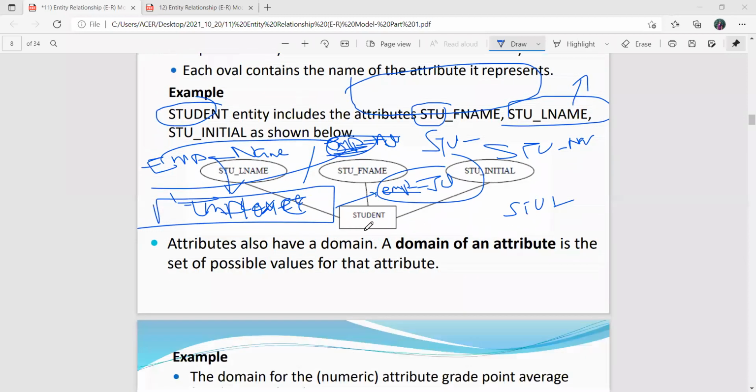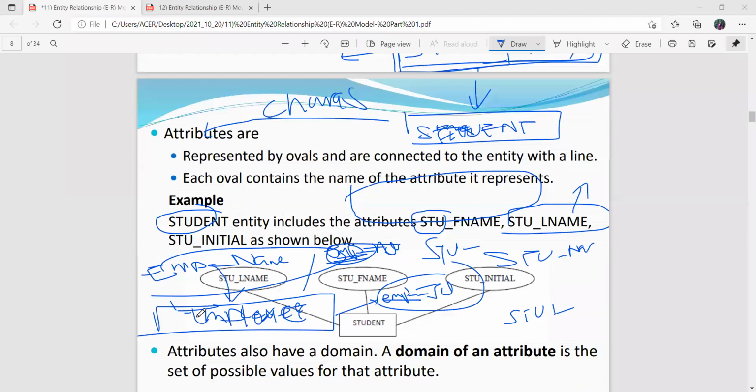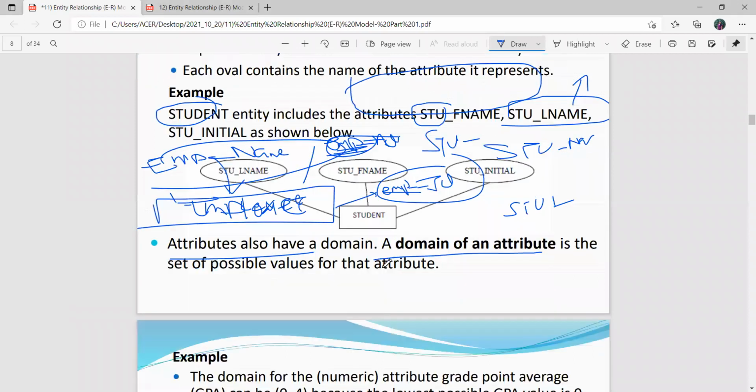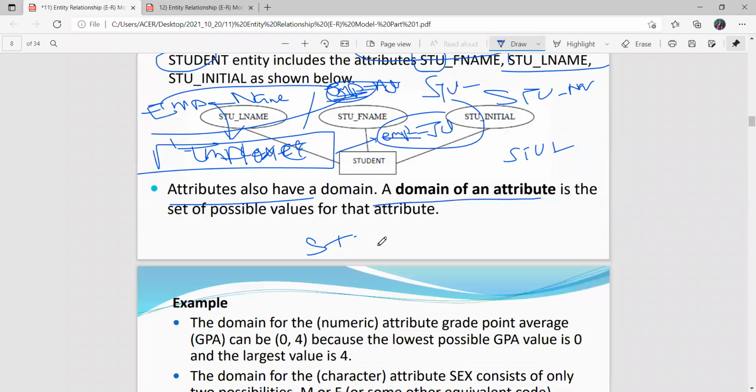Okay, so this is about attributes. These attributes have a domain. The domain of an attribute is the set of possible values of that attribute. As an example, take student name: we can see in this class, Anjali, and so on.